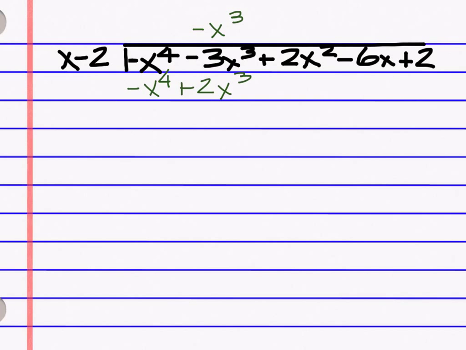That's right, -x to the fourth plus 2x to the third. What do I do next? Subtract. And what happens when I subtract? Those cancel. And what's -3 minus 2? -5, yeah. So -5x to the third. What do I do next? Drop down the 2x squared. Now what?